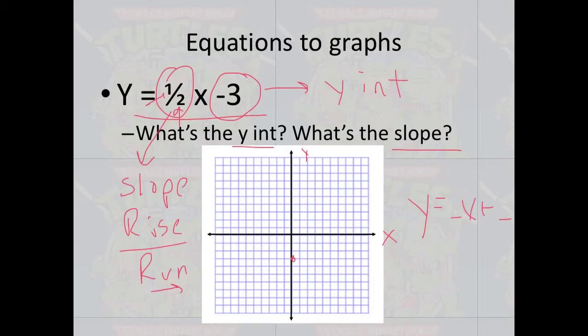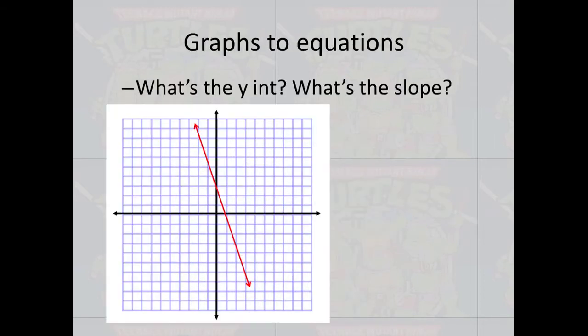So from this point, we go up 1 over 2, and repeat, and that will make a line. So here's my point, up 1 over 2, and repeat up 1 over 2. And if we connect those points, it makes our line, y is equal to 1/2 x minus 3.